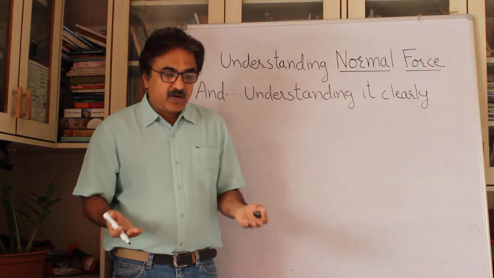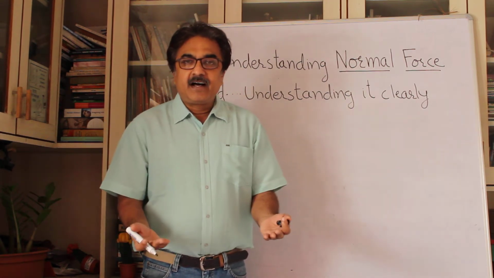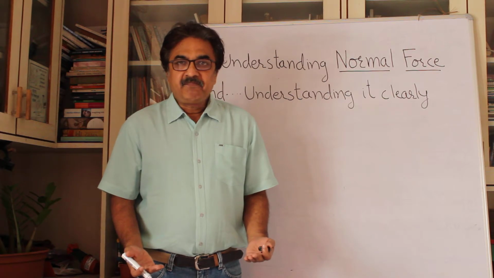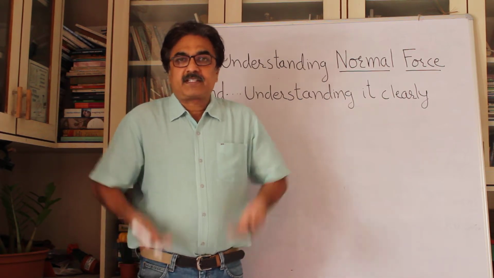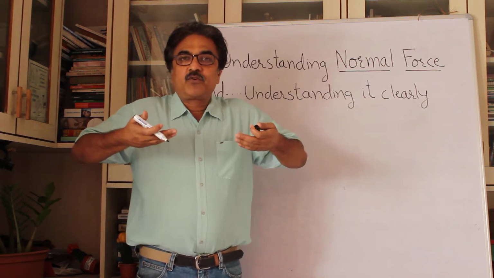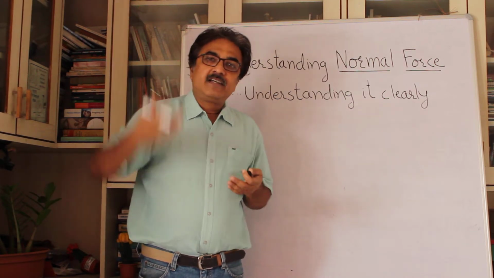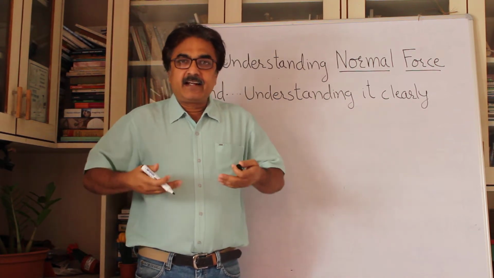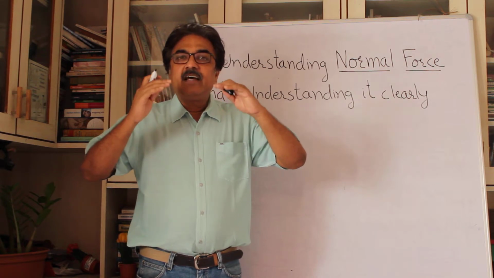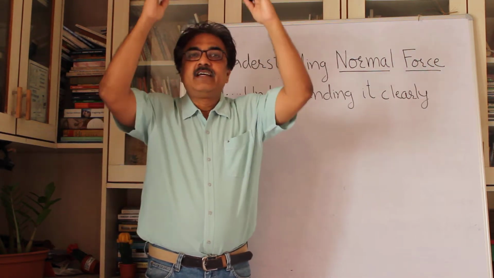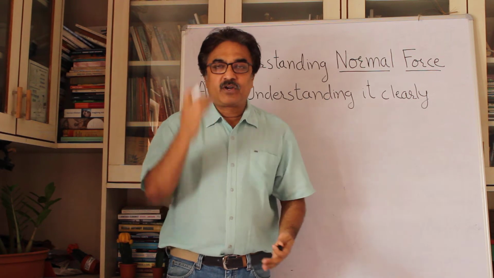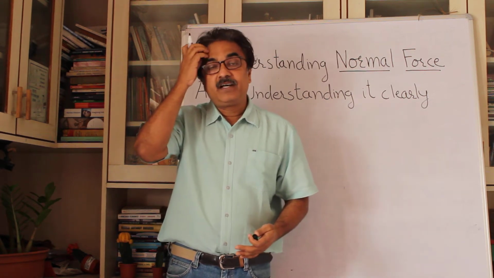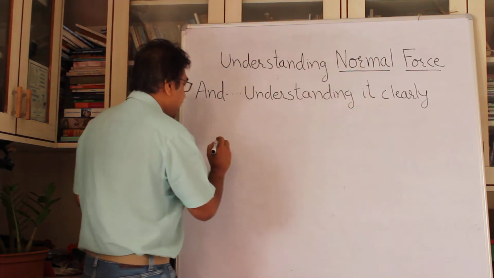For example, when you get into a lift, you're stationary, and then the lift starts, accelerating up to a certain point. Suppose you want to reach the 20th floor, so it will accelerate, then it will have constant velocity, then it will decelerate when you are nearing the floor on which you are going to get out of the lift. So let's consider these cases.